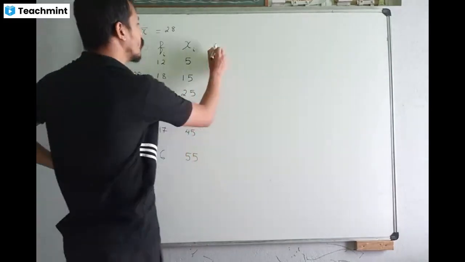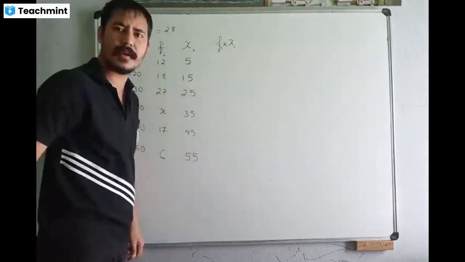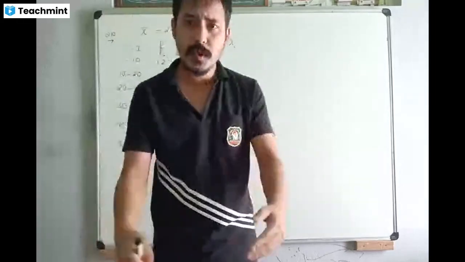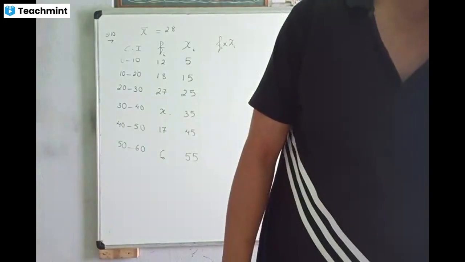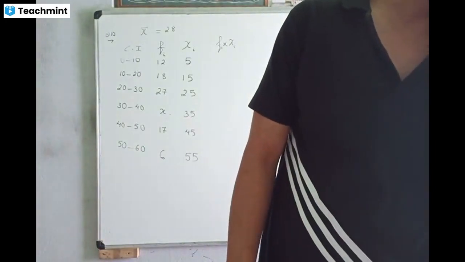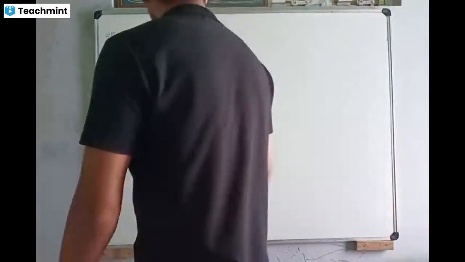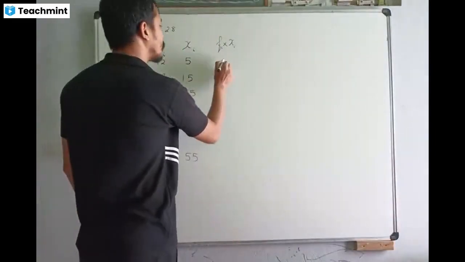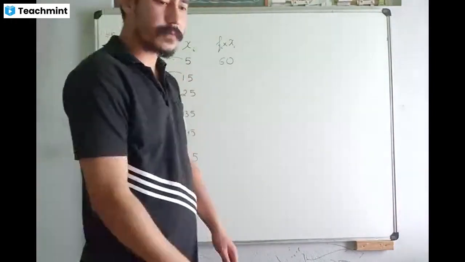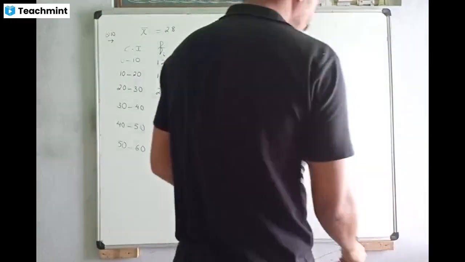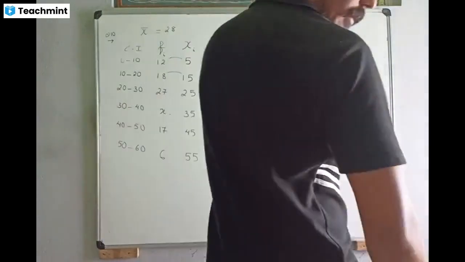Over. Now you find out Fi times Xi. Each of these center values have to be multiplied with their corresponding frequency. That is Fi Xi. Is it okay? So I'm going to work out with that. 5 times 12 is 60. 18 times 15 will give you 270.